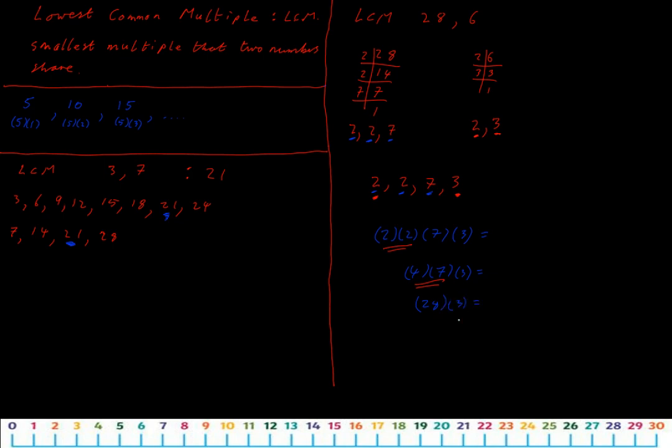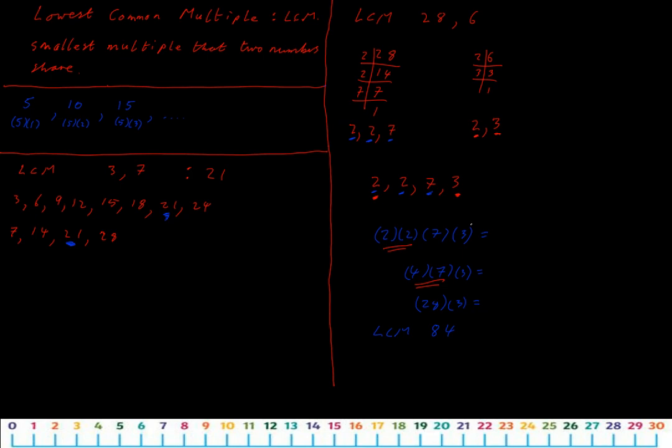These numbers are getting quite big, but hopefully you will be comfortable that 28 by 3 is going to give us 84. So we multiply that together and we get 84. So 84 is the lowest common multiple of 28 and 6.